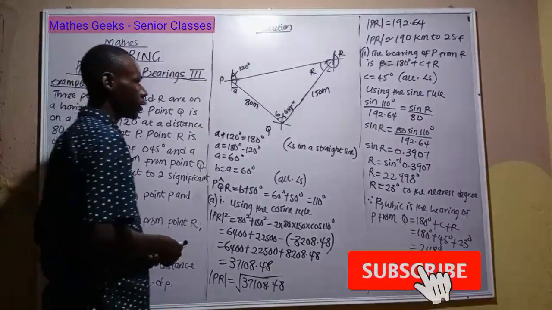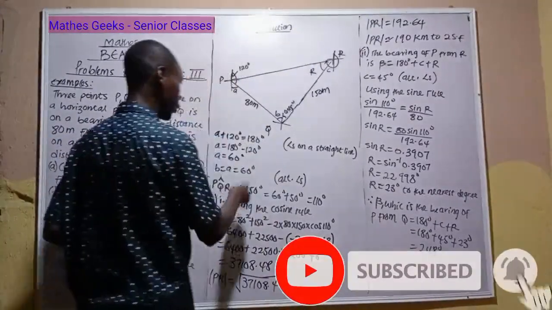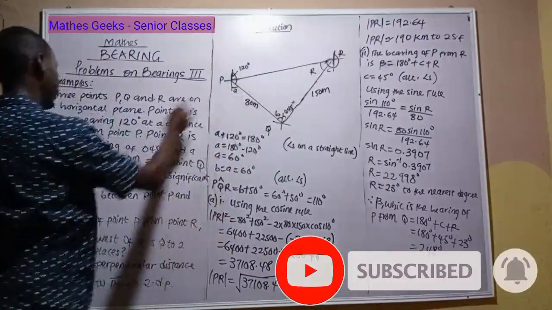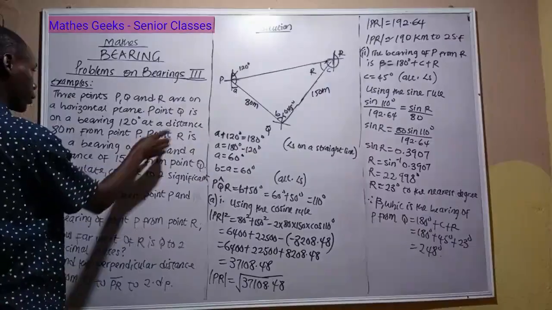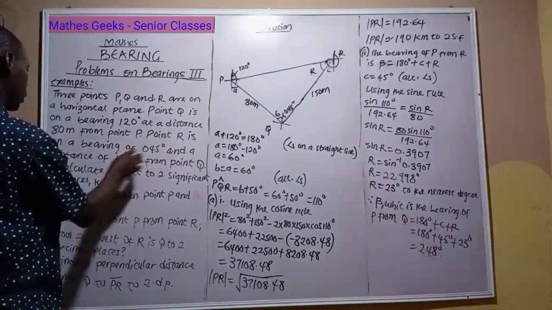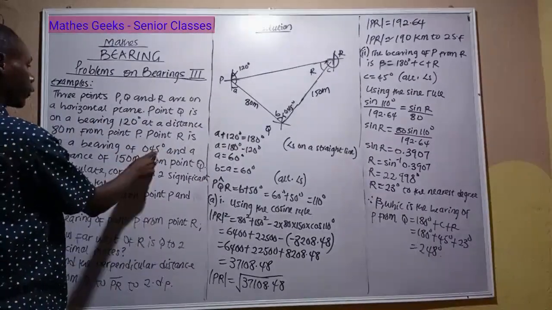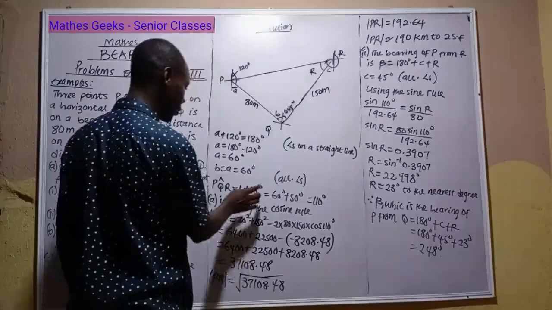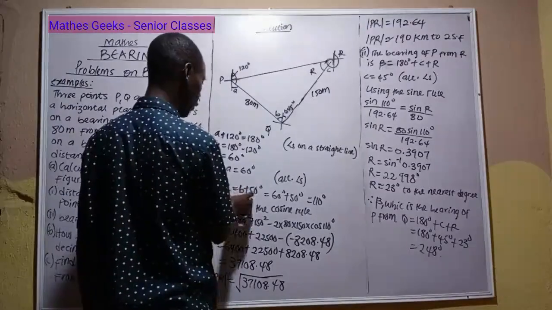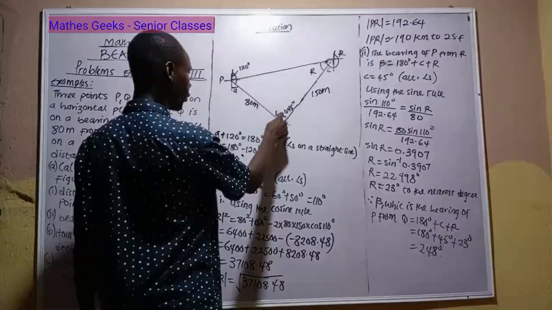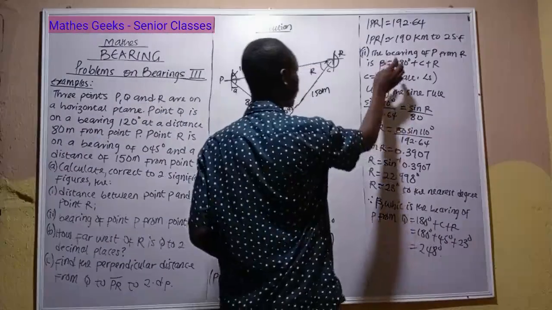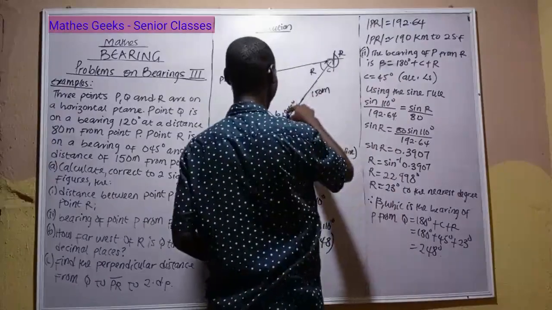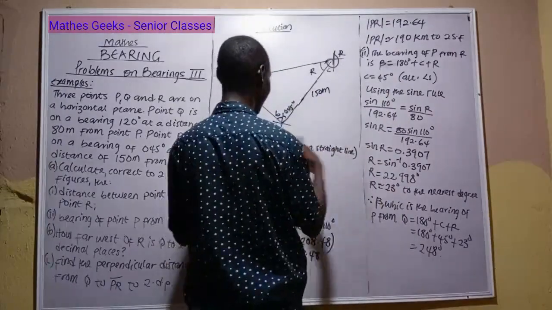I noticed that the angle given to us here is 45 degrees, but mistakenly I used 50 degrees here. I wrote angle PQR equals B plus 45, but I used 50 in the calculation, so there's a discrepancy.